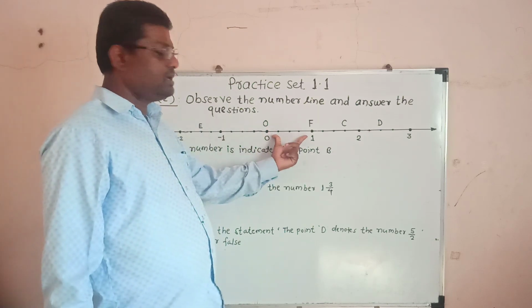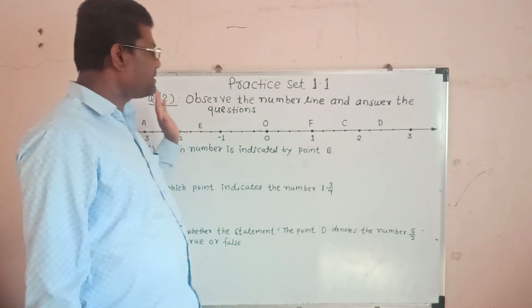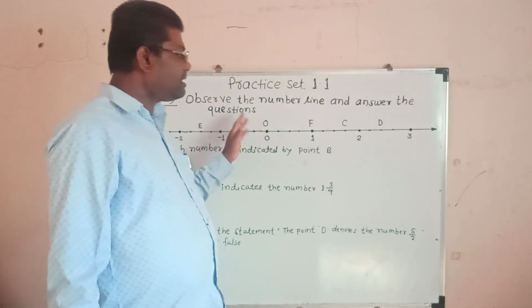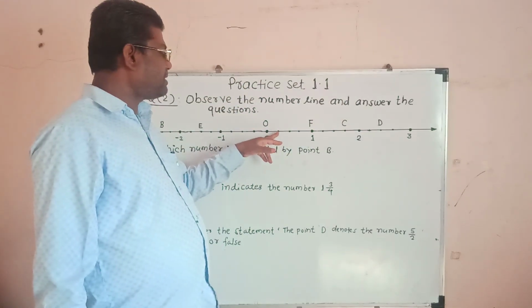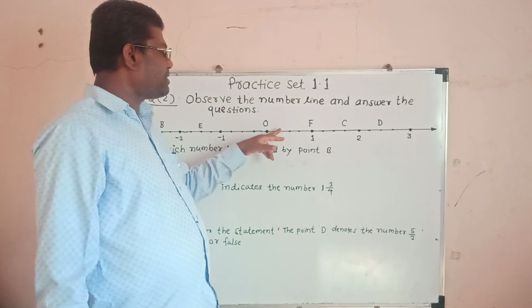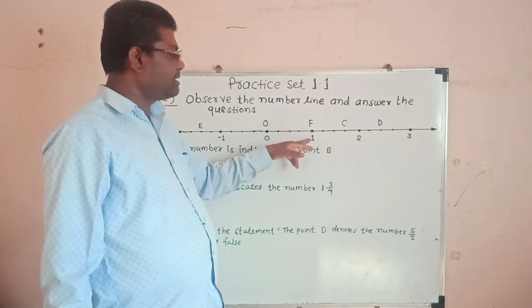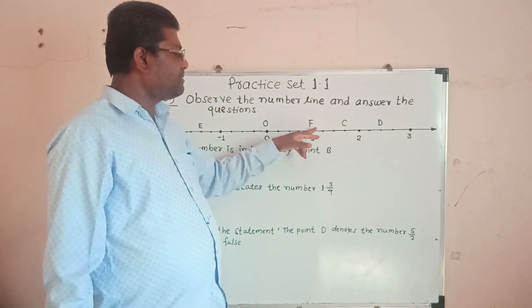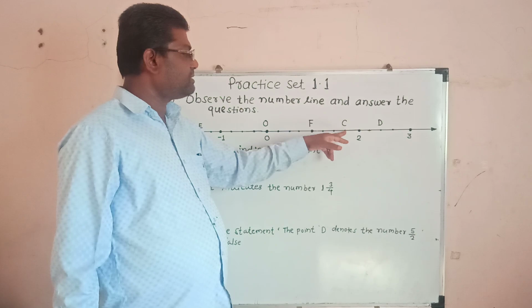That is, the distance between 0 and 1 is divided into 4 parts. In this way, to the right of 0, the value of each part will be 1 upon 4: 1 upon 4, 2 upon 4, 3 upon 4, and 4 upon 4 is 1. Then 1 complete: 1 plus 1 upon 4, 1 plus 2 upon 4, 1 plus 3 upon 4.